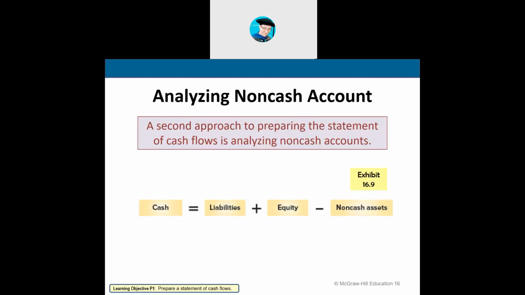Well, a way of calculating that is to take your total liabilities plus equity minus non-cash assets equals cash. How much cash you got? Liabilities plus equity minus non-cash assets equals how much cash you have. It's basically like rewriting the accounting equation by breaking out the non-cash assets from cash assets.